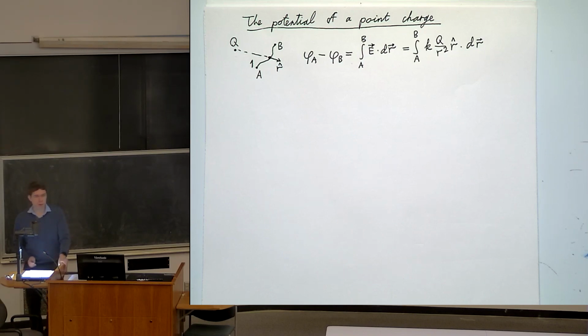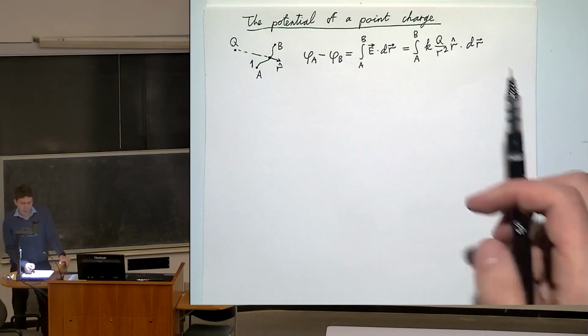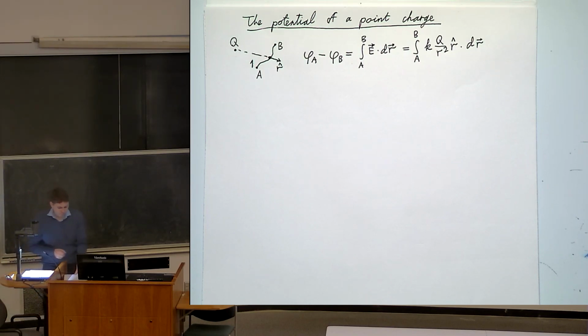we took this integral last time. We had exactly the same integral, maybe with a different prefactor, just when we talked about the mutual change of the energy of two charges, or the work done by one charge on the other.